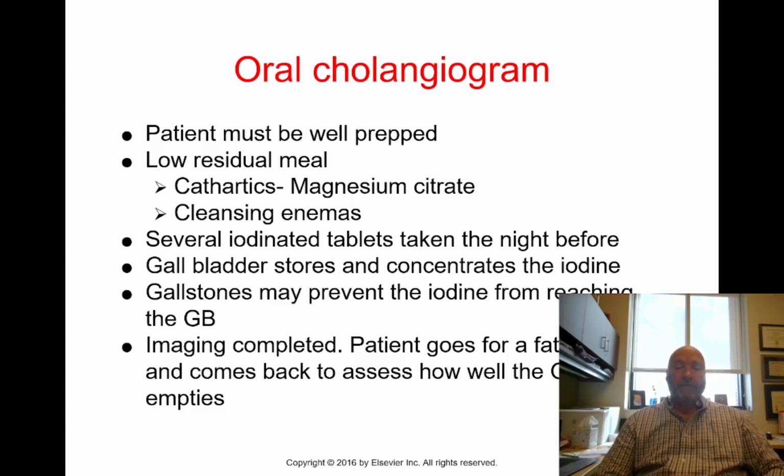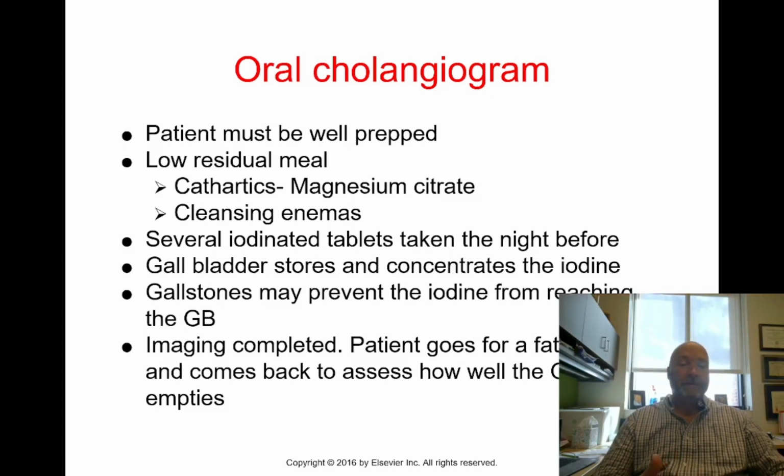If we have gallstones present, though, especially up in the neck where we've got some swelling, then we're going to have a hard time getting the iodine up into the gallbladder. And if the iodine doesn't get into the gallbladder, it can't concentrate, and you can't see it at all. So it's a difficult exam from that standpoint.